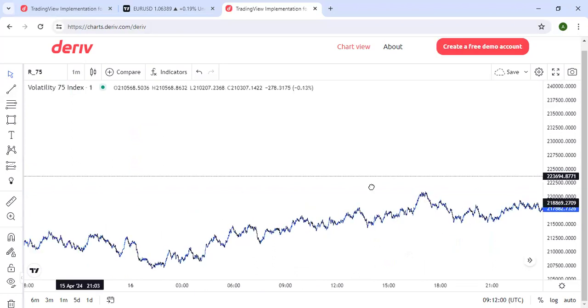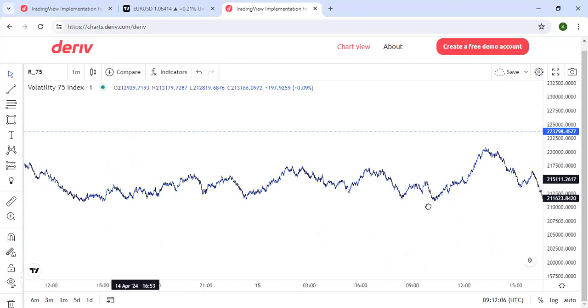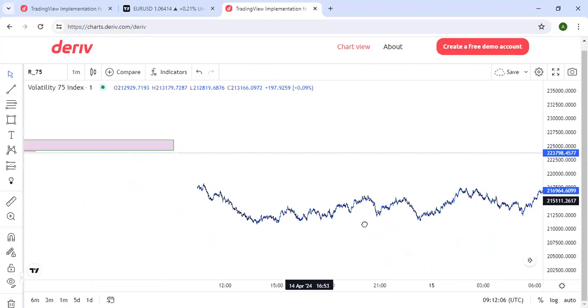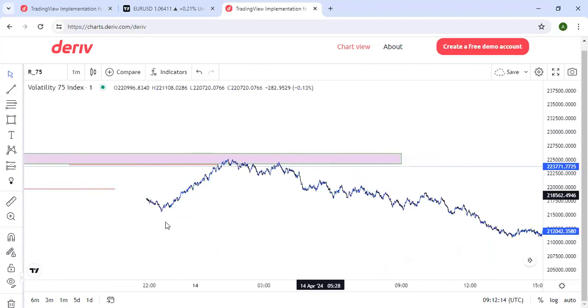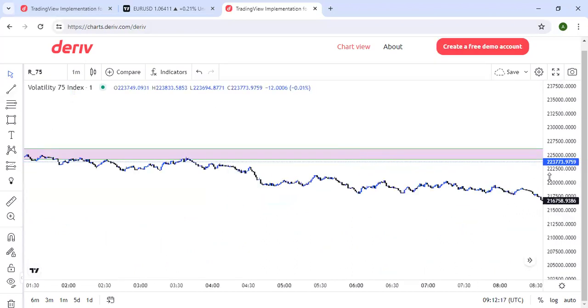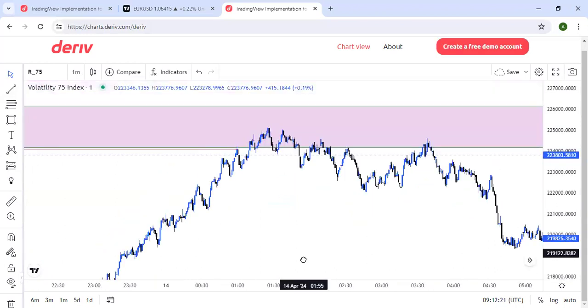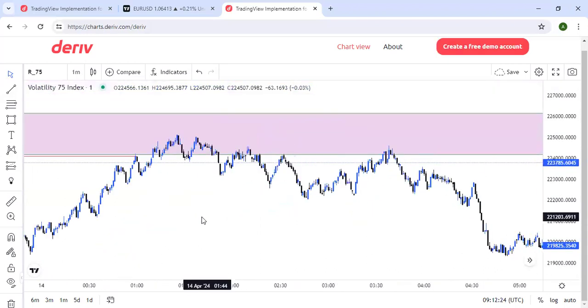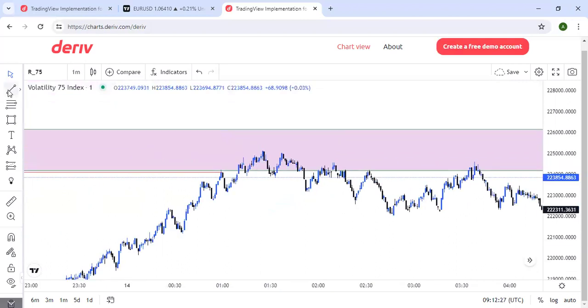So remember you are looking for a 1 to 3 risk to reward ratio. This was where price tapped into that zone. Now, what I'm looking for is a market structure shift to the downside, so that I can start trading. See it here, price broke this place.